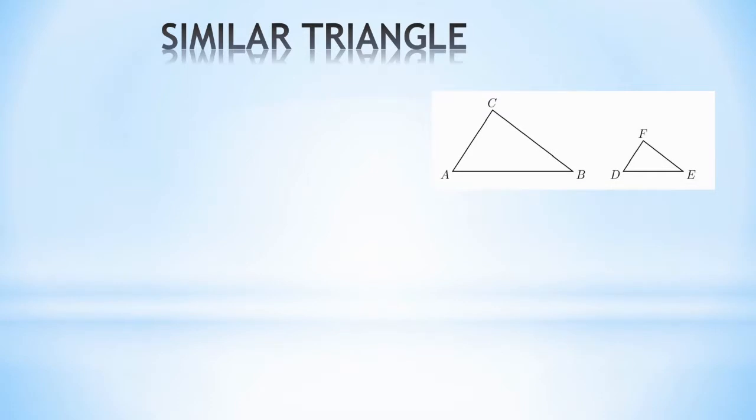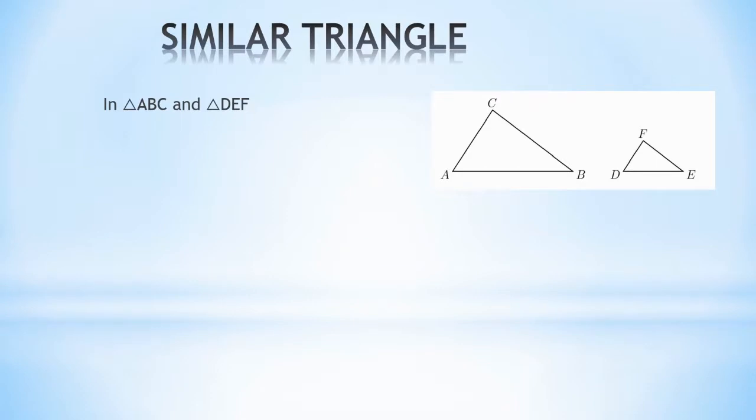Now let us see about similar triangles. Similar triangles are two triangles which look similar, that is, their angles are the same but their sides are different.